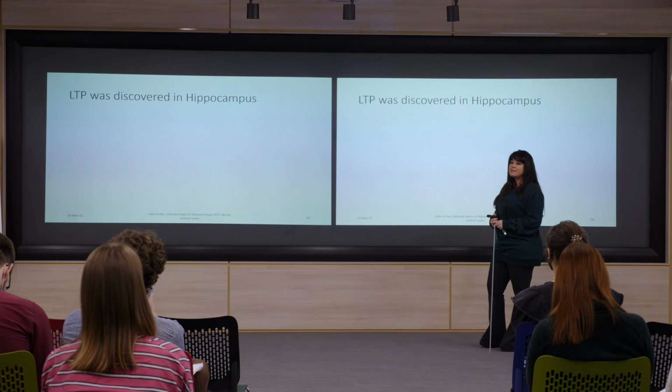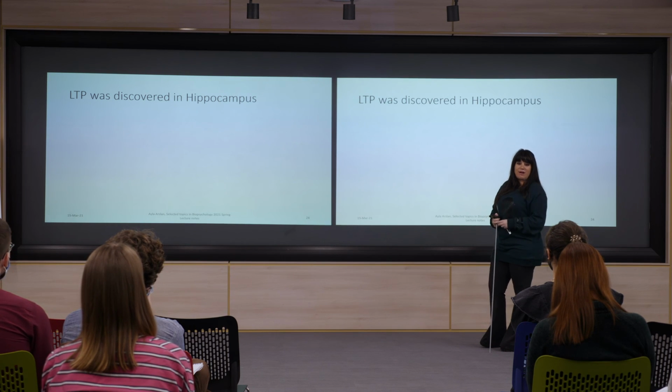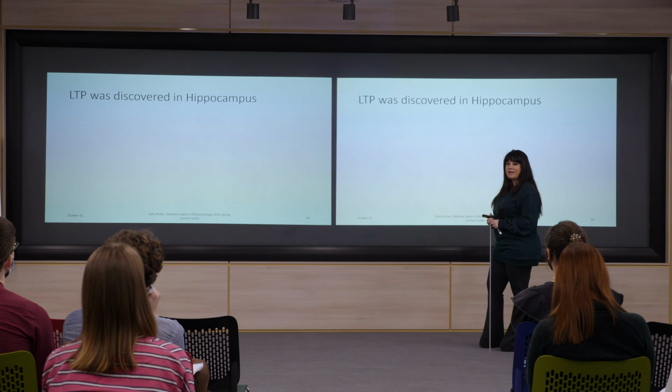And that has been observed in vertebrates, and in other organisms as we already described. So we have pretty converging results on understanding the mechanism of learning and memory in different systems, including the hippocampus.